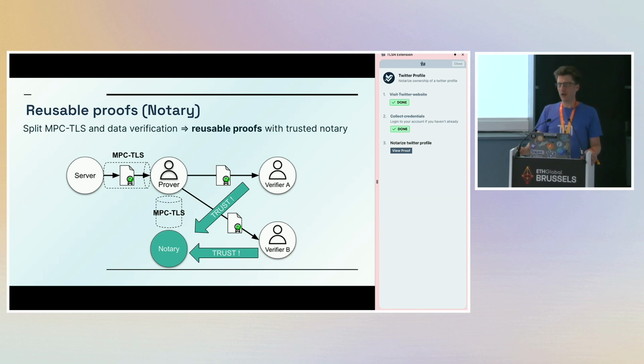There are already startups looking into EigenLayer solutions with slashing if notaries cheat. But we're also looking into this, since it's a two-party computation. It's possibly also possible, if it's high value, to do your request with 10 notaries.